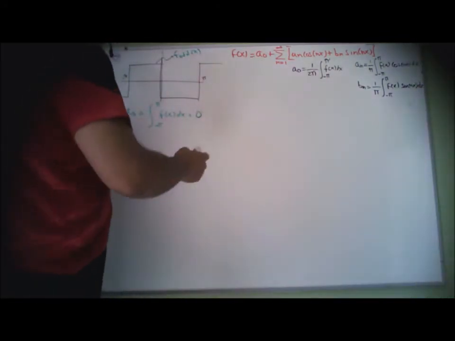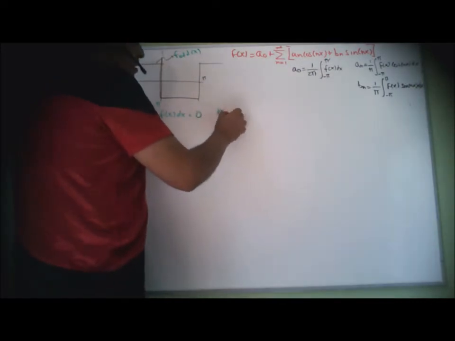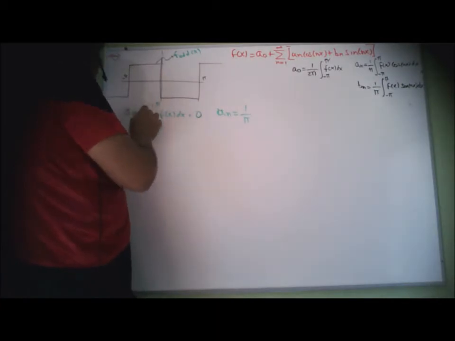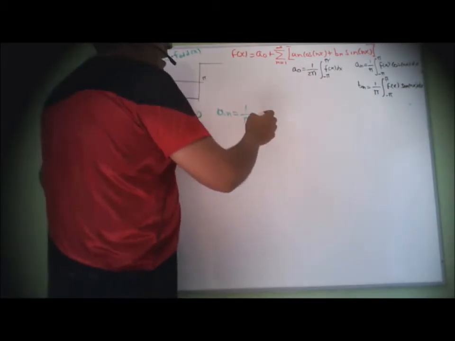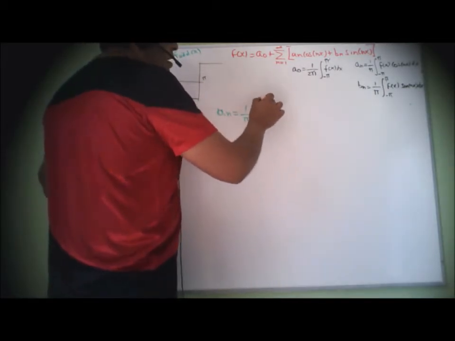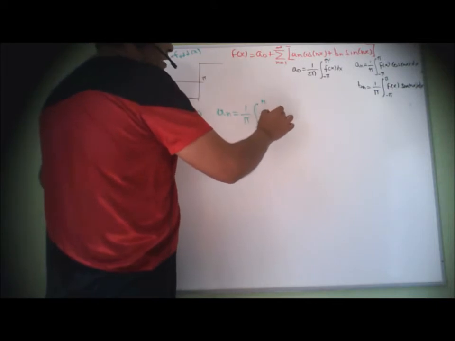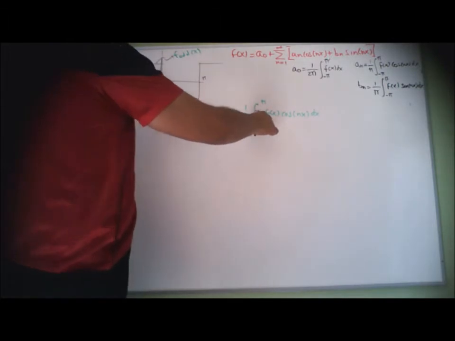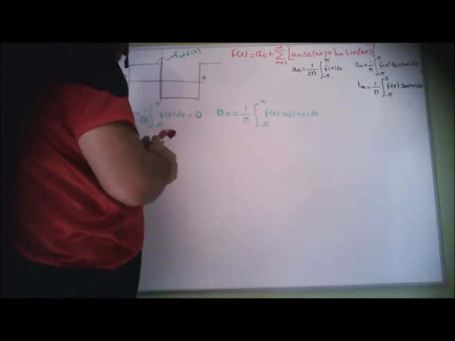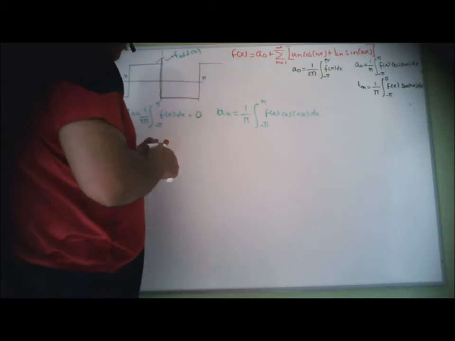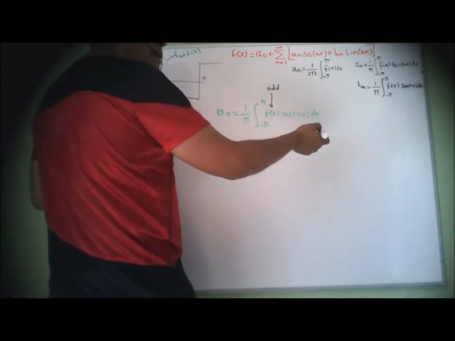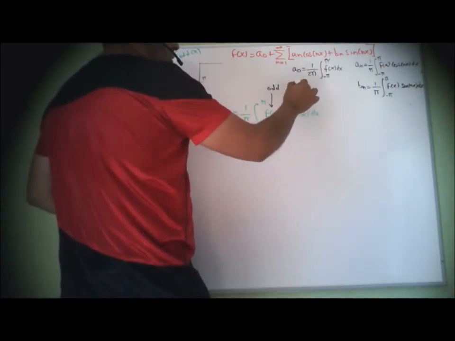Okay, now let's calculate an. An is going to be 1 over pi. Sorry, I forgot, here for a0 the formula is 1 over 2 pi. For an it is 1 over pi, the integral from minus pi to pi of the function f of x times the cosine of nx. Now, here, the concept: f of x is an odd function, and the cosine is an even function.